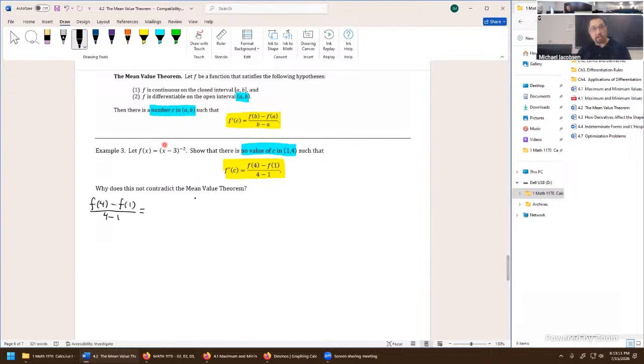We're plugging 4 here. We haven't even computed the derivative yet. So this will turn into (4 minus 3) to the power negative 2 minus, now plug in a 1, (1 minus 3) to the power negative 2, all of which is divided by 3. Now this is the nice part right here. This becomes 1 to the power negative 2, and that's just 1 altogether.